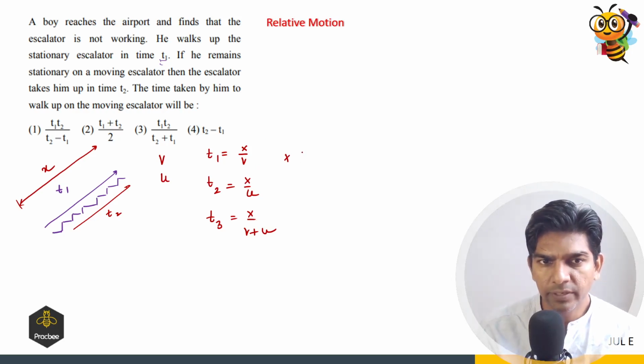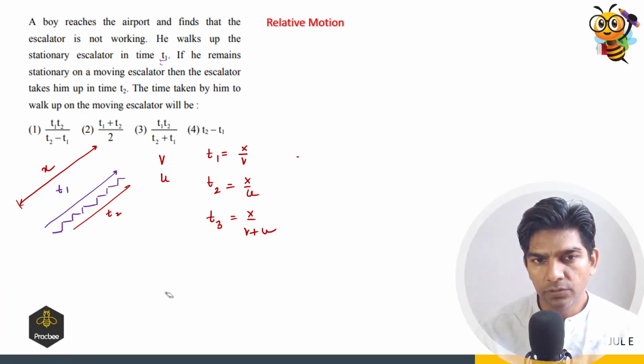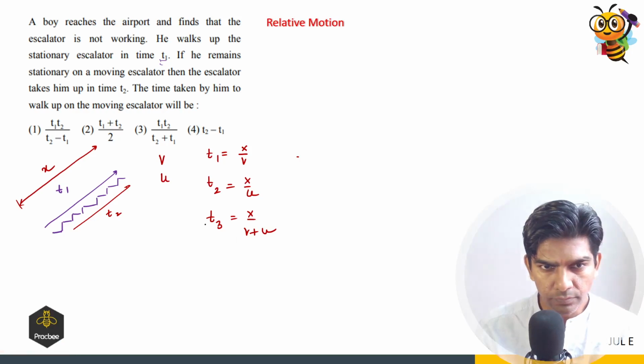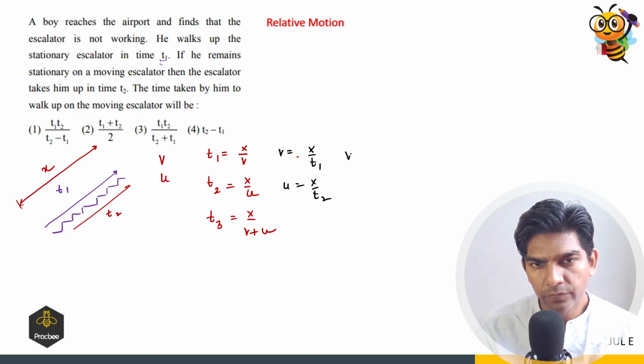Nothing is given for x, u and v. So what we are going to do, let us find v. So v is x by t1 and u is x by t2, and from here we can find v plus u.